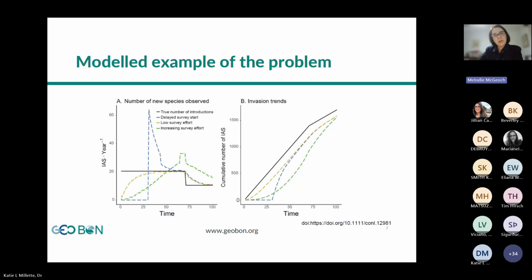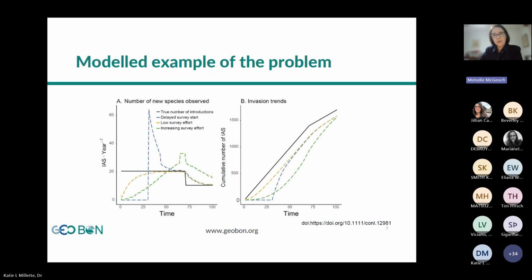What that shows is that even though these different scenarios are very different patterns of survey effort, with a very clear absolute and true number of introductions, we get three estimated curves that look very, very similar and quite different to the black line, which is the real curve.